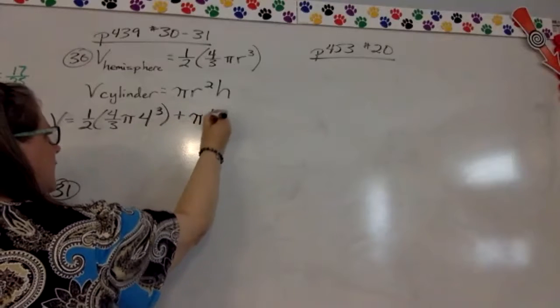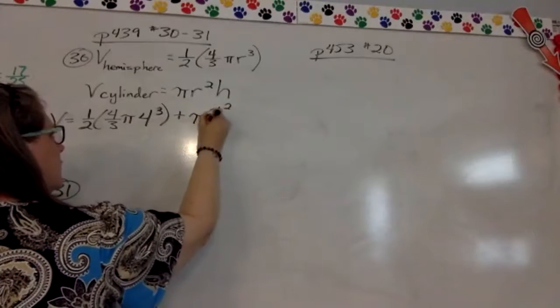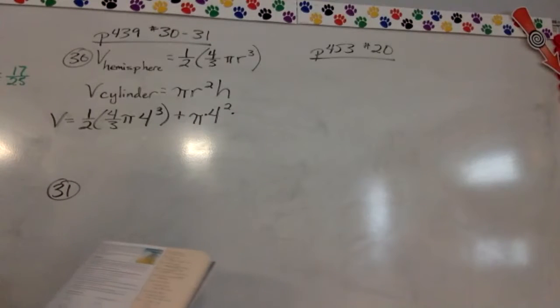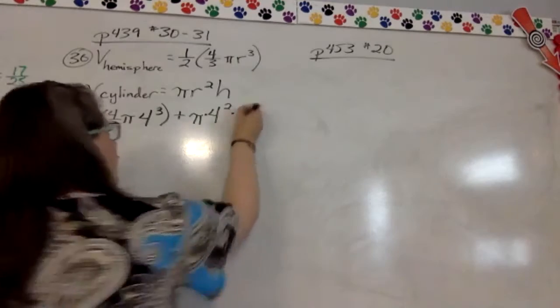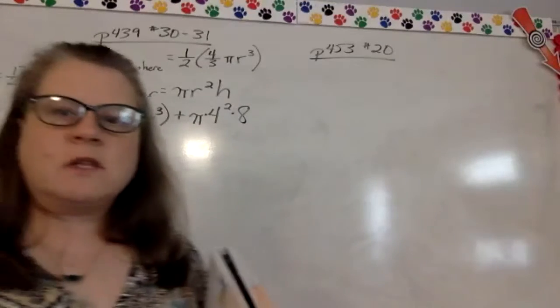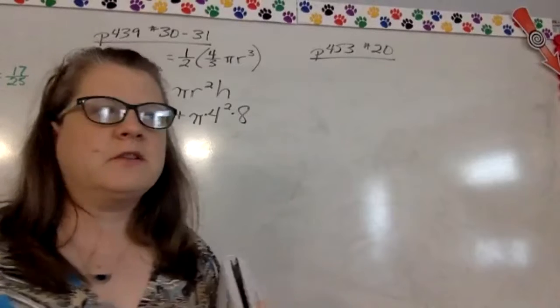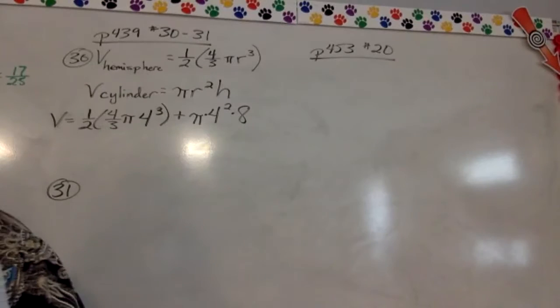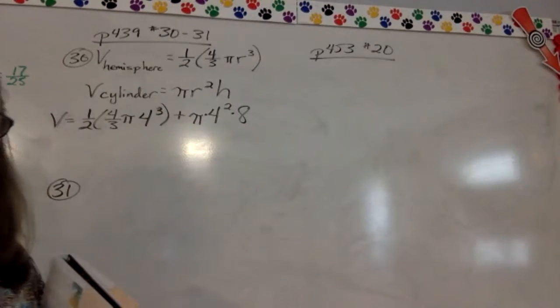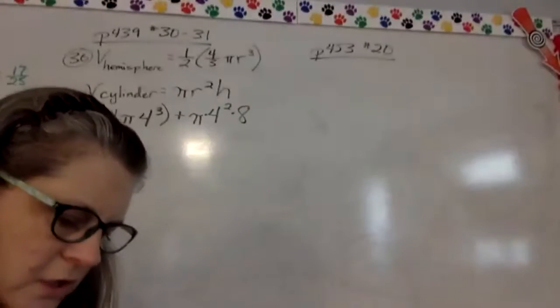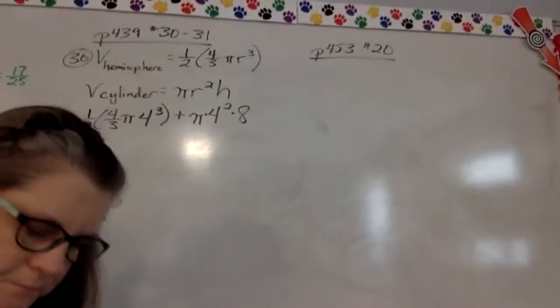Pi times the radius, which was 4, squared, times, what's the height of the cylinder part? 8. Now, does everybody know what those little marks mean on the number? What units of measure that is? Inches. So our units are in inches. This is what we're going to work out.